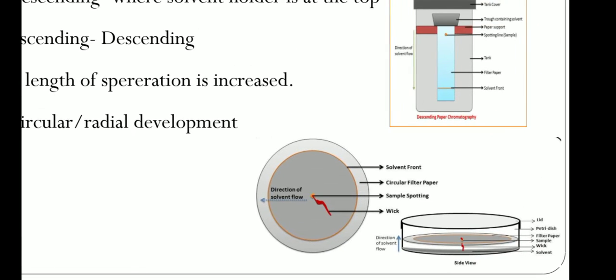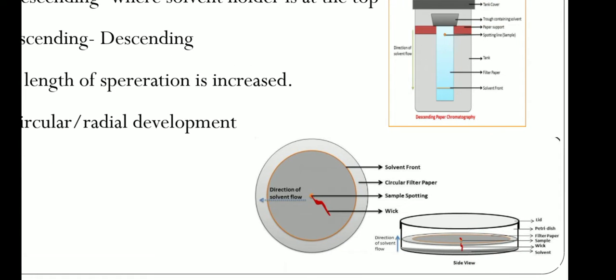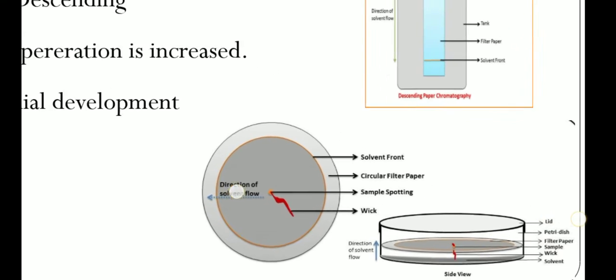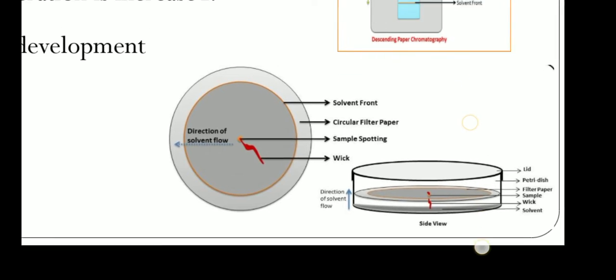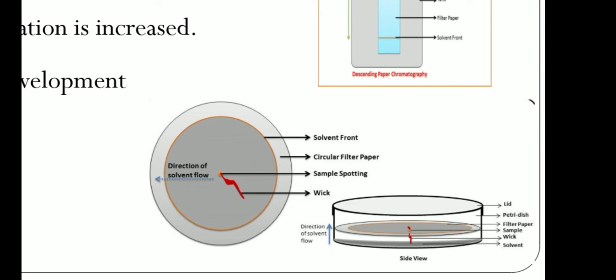In circular or radial development, the spot is placed at the center of a circular paper, and the solvent flows through a wick at the center and spreads in all directions. The mobile phase is taken, and the sample spot is kept in the center of this circular Whatman filter paper.